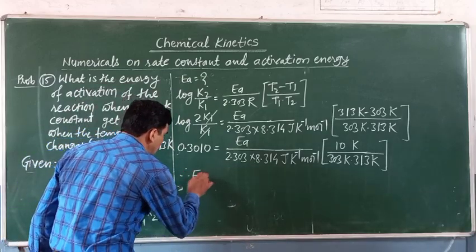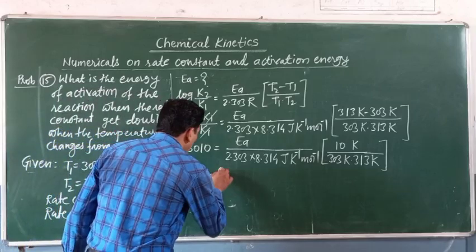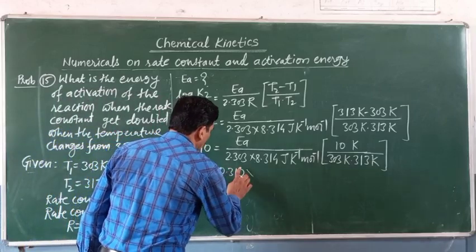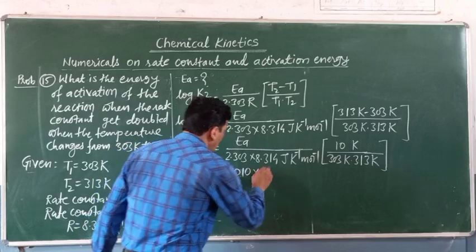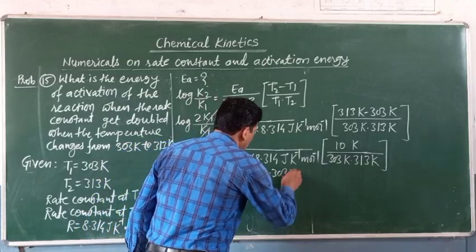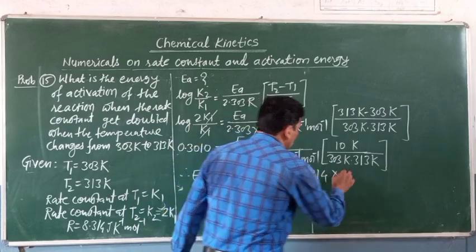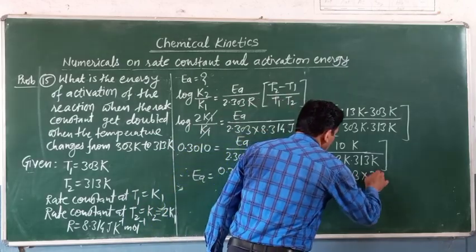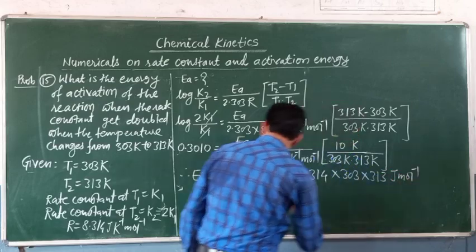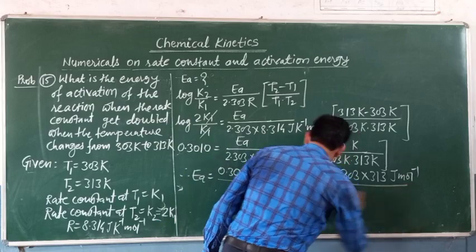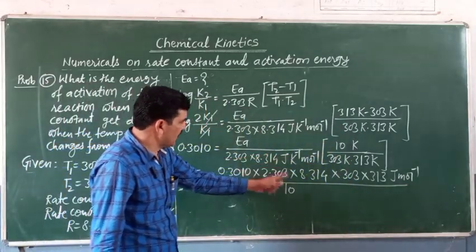Therefore here EA, that is the activation energy of the reaction, will be equal to 0.3010 into 2.303 into 8.314 into 303 into 313, unit will be joule per mole, upon 10. All the units get cancelled except joule per mole.